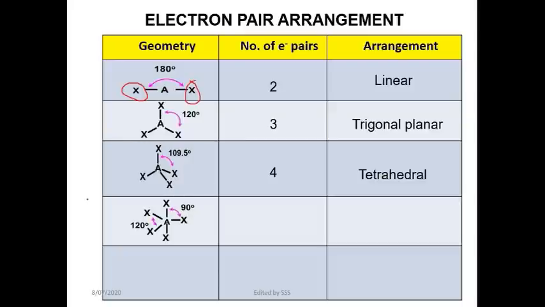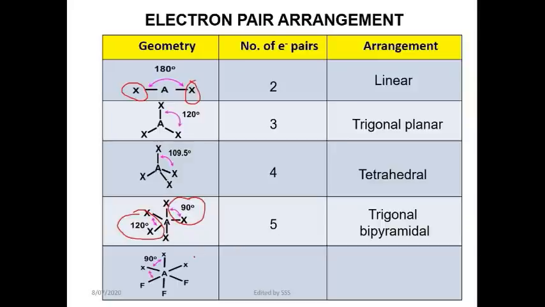For AX5 with two bond angles, the number of electron pairs is 5 and the arrangement is trigonal bipyramidal. And the last one is AX6, with 6 electron pairs and the arrangement is octahedral.